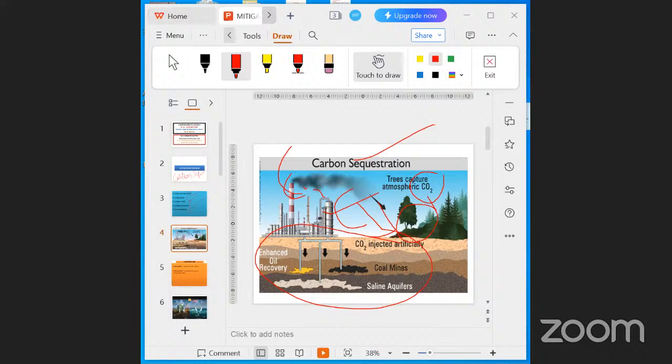And geological carbon sequestration also includes carbon capture and storage and enhanced oil recovery, right? So you see, carbon capture and storage in geological sequestration is coming in the next one. So this is carbon sequestration.